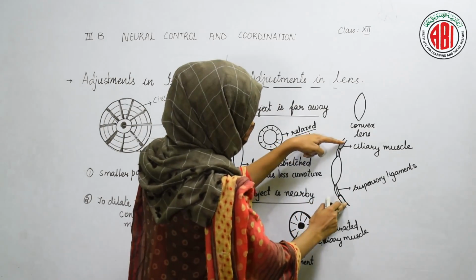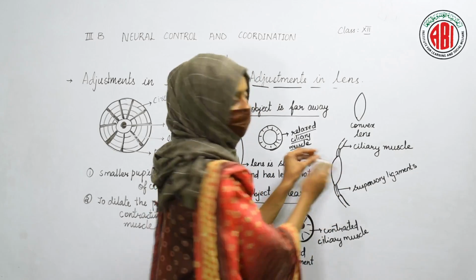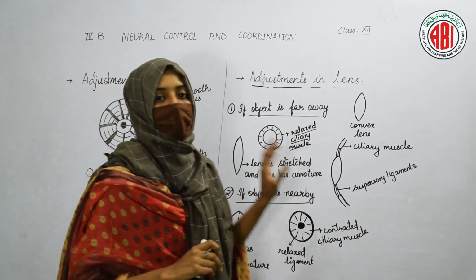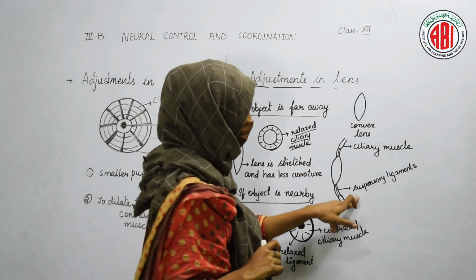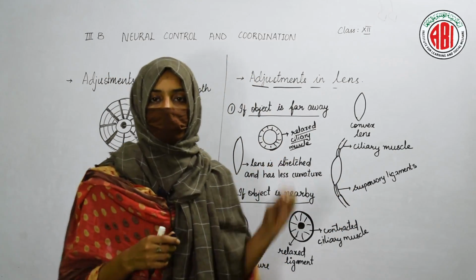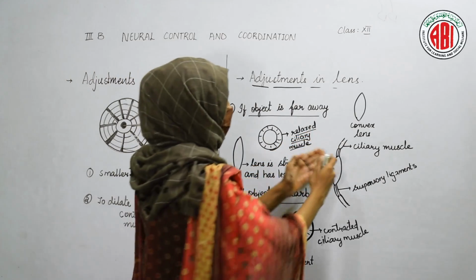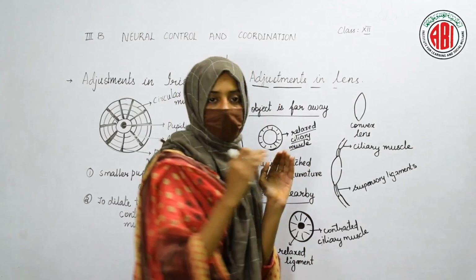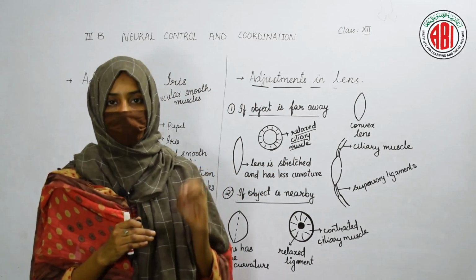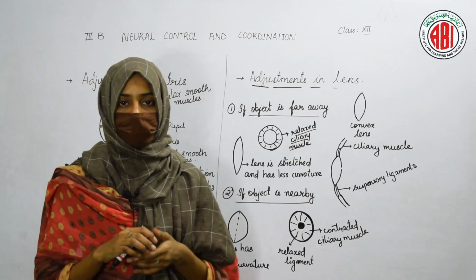When the ciliary muscles contract, these suspensory ligaments move towards the lens, right? They would not stretch. As the suspensory ligaments are not stretching, they are relaxing. Due to the relaxed ligaments, the lens has more curvature, and as soon as the lens shows you more curvature, you can see the objects which are kept nearby clearly.